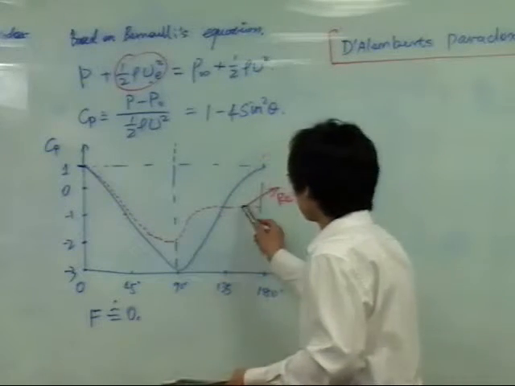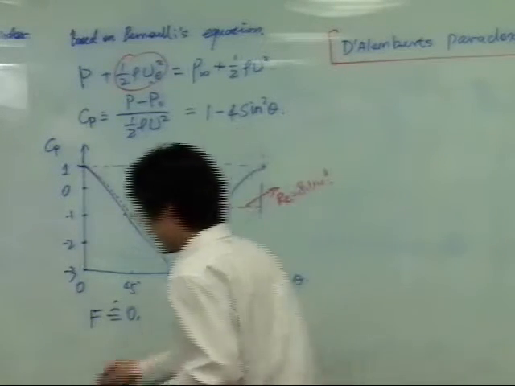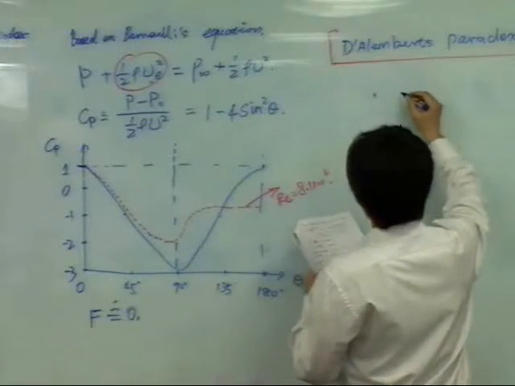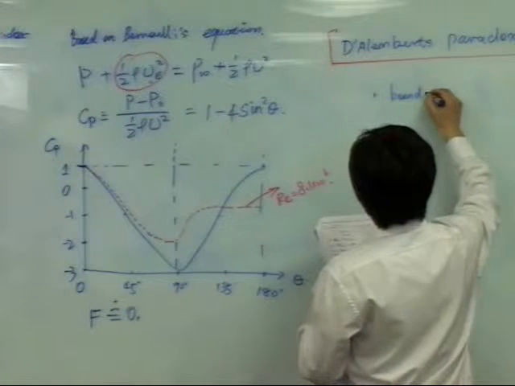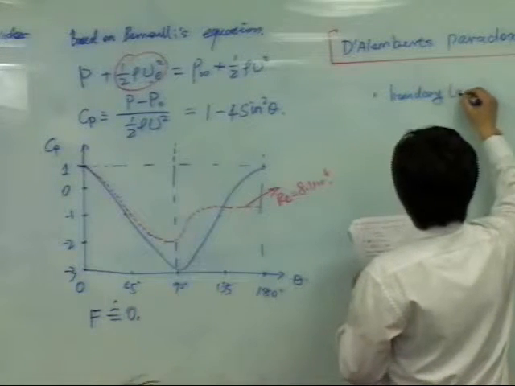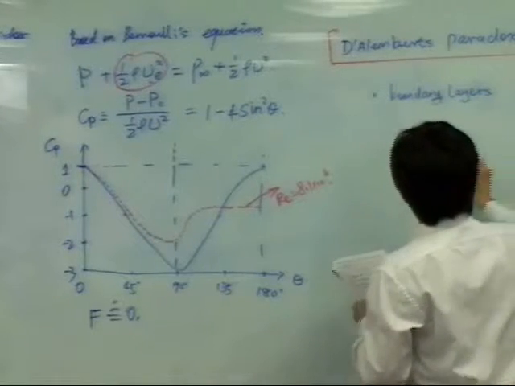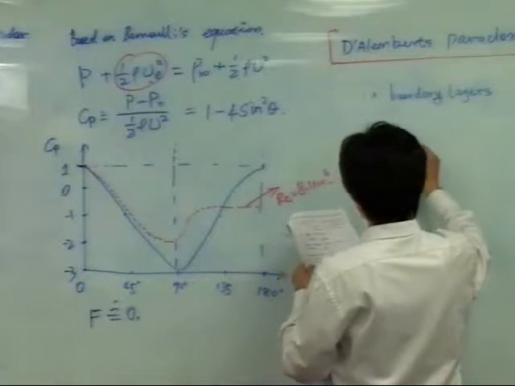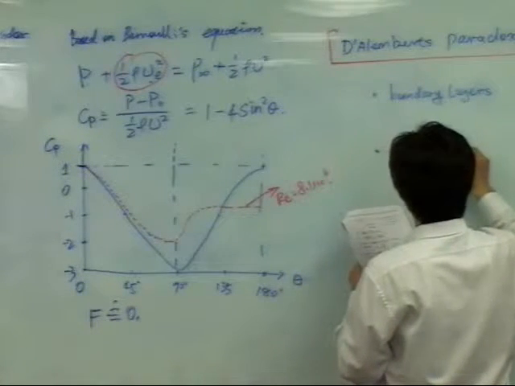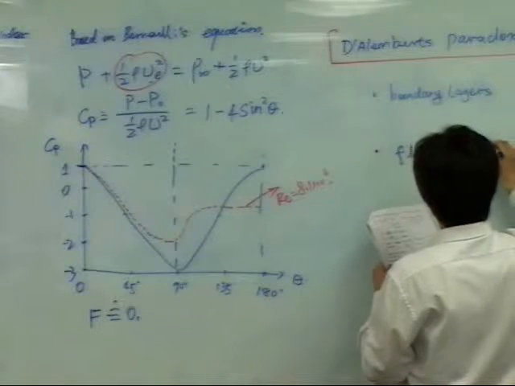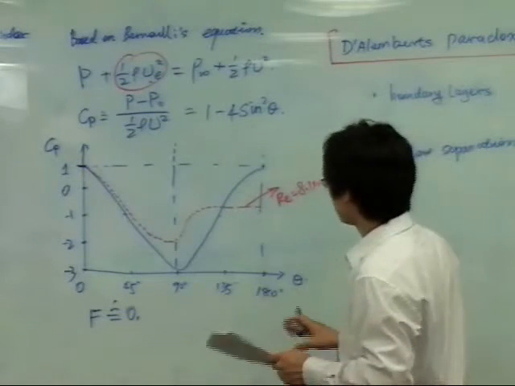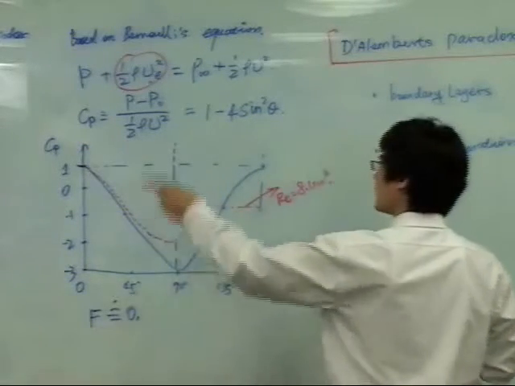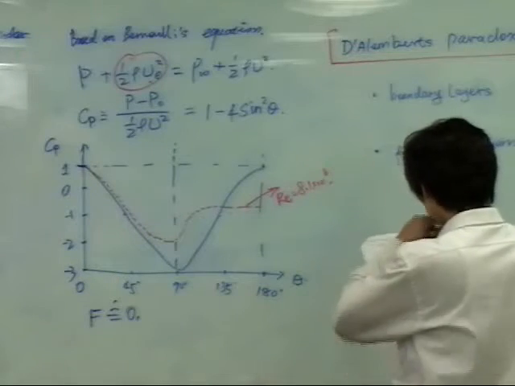So the reality is like this. As we mentioned, this is due to the presence of viscosity, which introduces boundary layers near the surface of the cylinder. We also have flow separation, which results in the asymmetry of the pressure distribution around the cylinder. Okay.